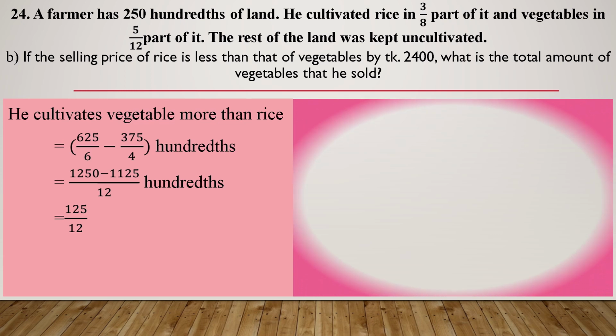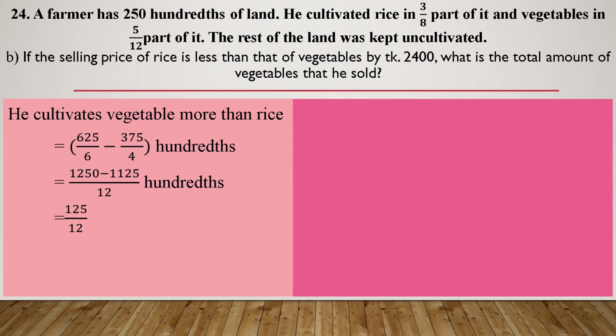Now my dear students, you can see the price of vegetables 125 by 1200 would be taka 2400, because here it is written, if the selling price of rice is less than that of vegetables by taka 2400, then what is the total amount of vegetables that is sold?